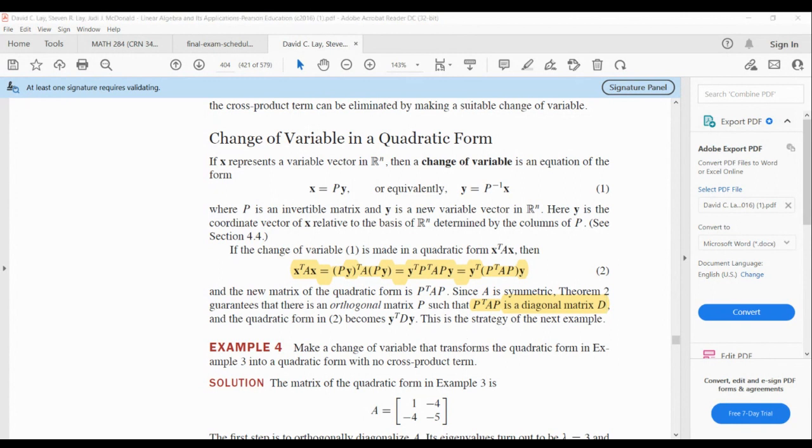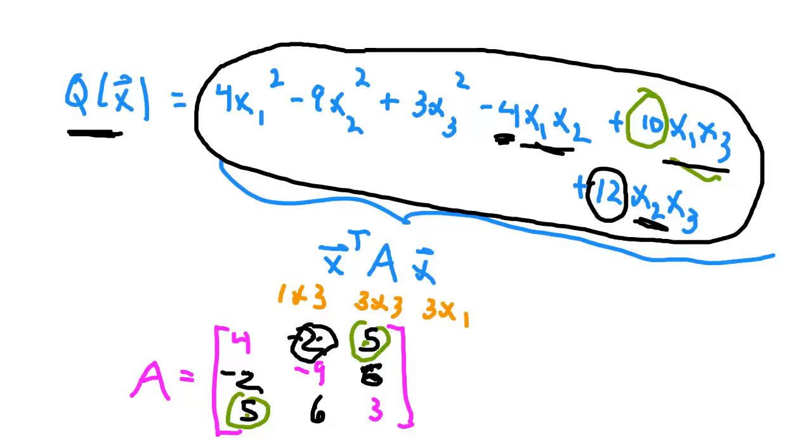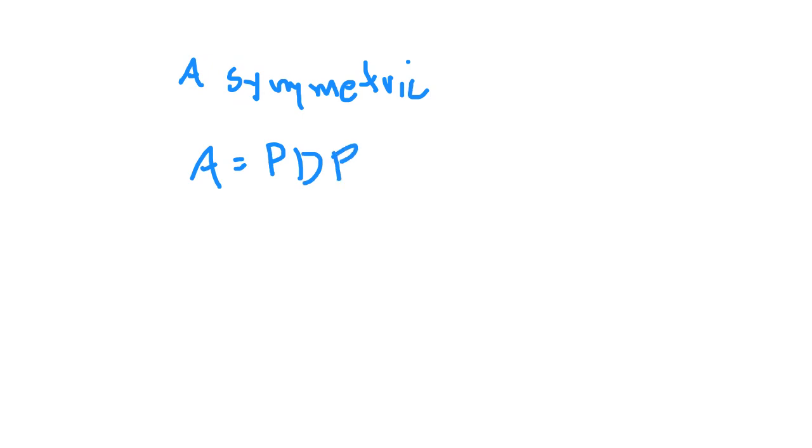You learned in section 7.1 that when you orthogonally diagonalize a matrix, if A is symmetric, then A equals P times D times P transpose.